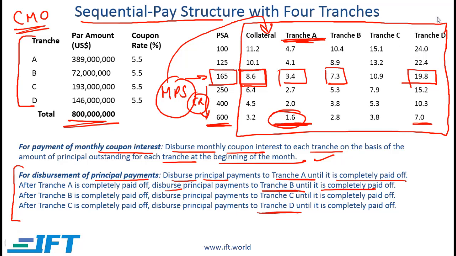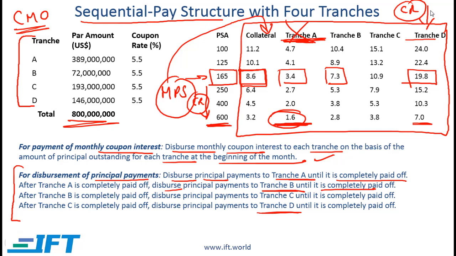The answer is tranche D, because if you are concerned about contraction risk, you are concerned about the life of the security becoming too short, so you will definitely avoid tranche A, and between A, B, C and D, your preference would be for D, where chances are that the life of the instrument will be the longest.